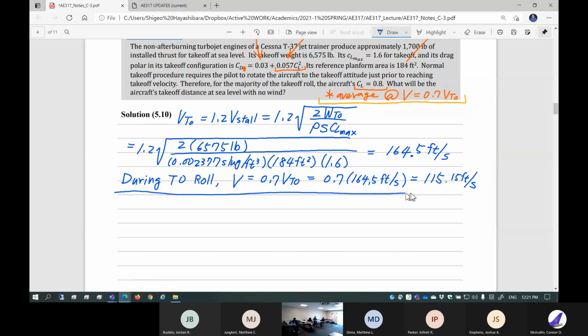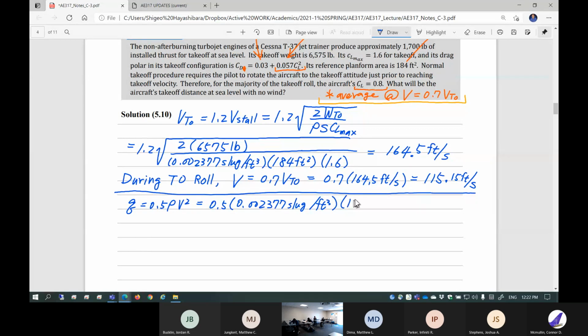So having said that, let's discover, out of this velocity, which actually represents sort of an average value during the takeoff roll, what is the dynamic pressure Q? Q is 1/2 rho v squared. So let's just find out dynamic pressure during takeoff roll. 0.5 times density 0.002377 slugs per cubic foot.